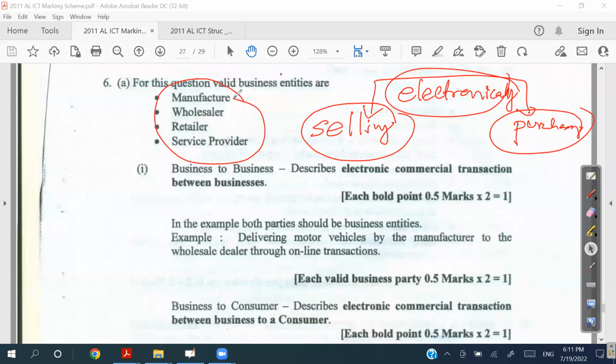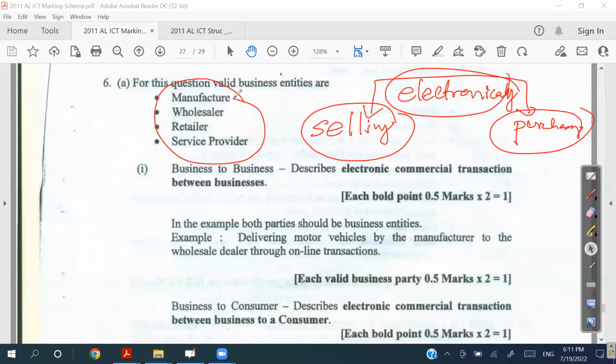So when you are explaining an example, give an example with real world entities, but you don't need to involve any brandings. Supermarket, for example. You don't need to say a particular supermarket brand name. If you say a farmer, yeah, he is a manufacturer.